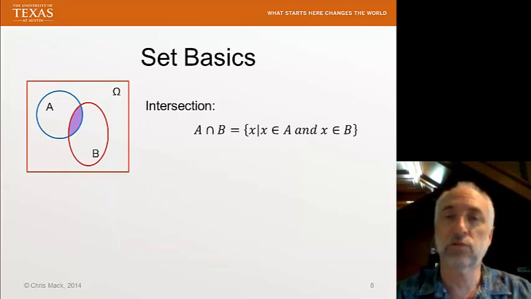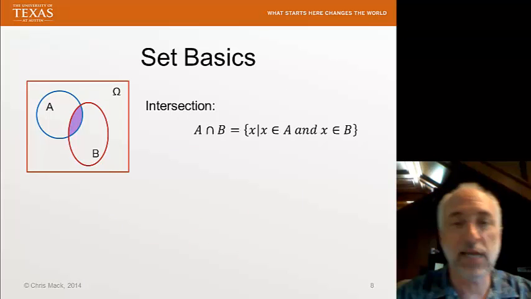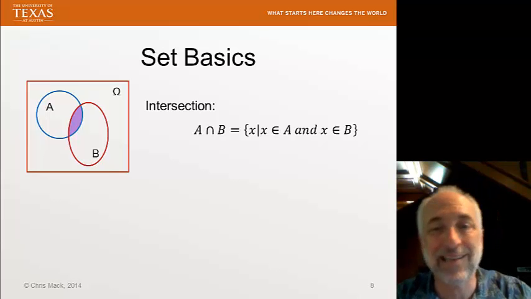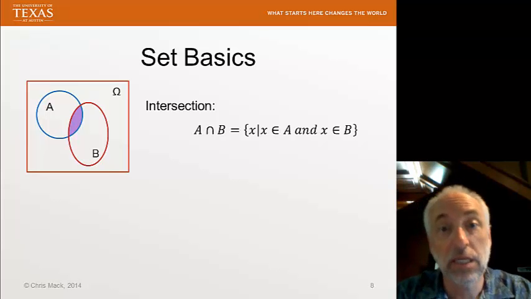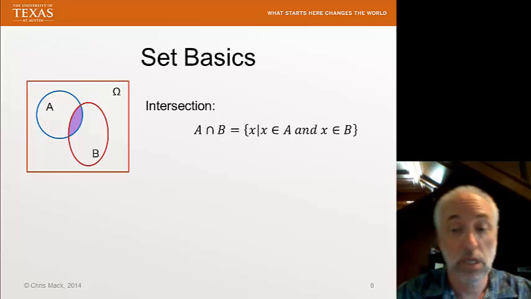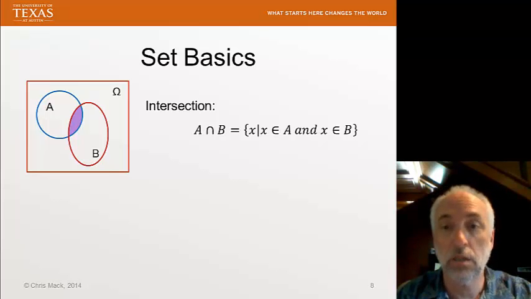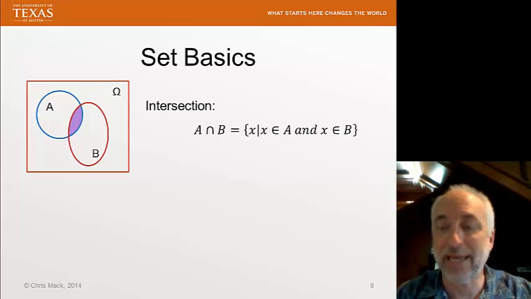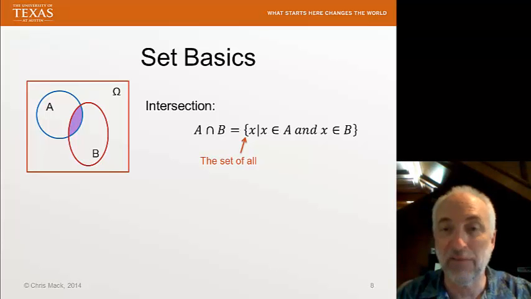Given that, let's review some of the basics of set algebra. The first thing we'll look at is the concept of intersection. The intersection of two sets, A and B, is, now let me go through what all this terminology means. Opening the curly bracket is the same as saying the set of all.